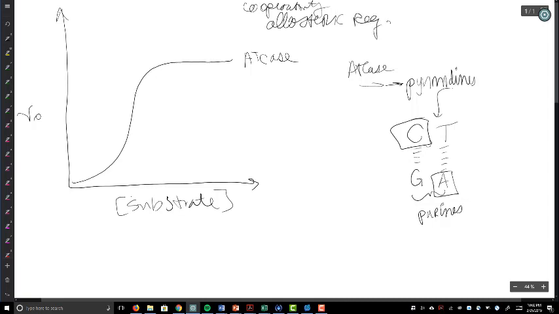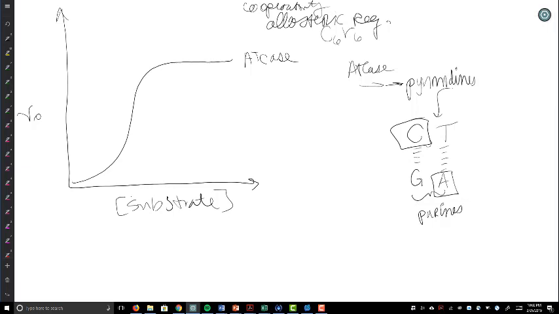And this is because ATCase has 6 catalytic subunits and 6 regulatory subunits. And so those downstream products, specifically C, and the complement, specifically A, have the ability to modulate the activity of the catalytic subunit by binding to the regulatory subunit.